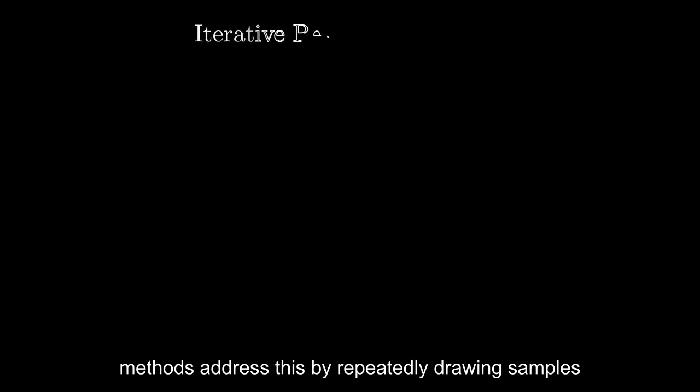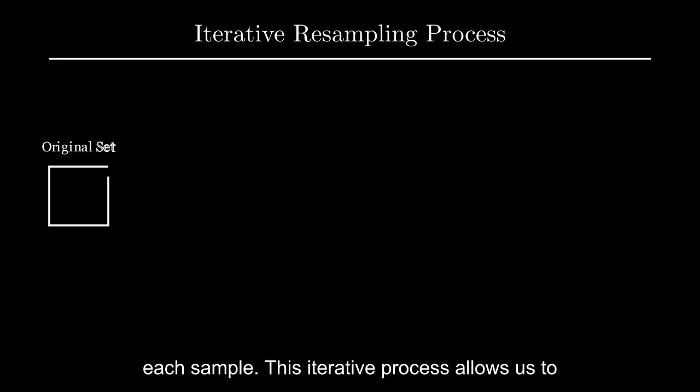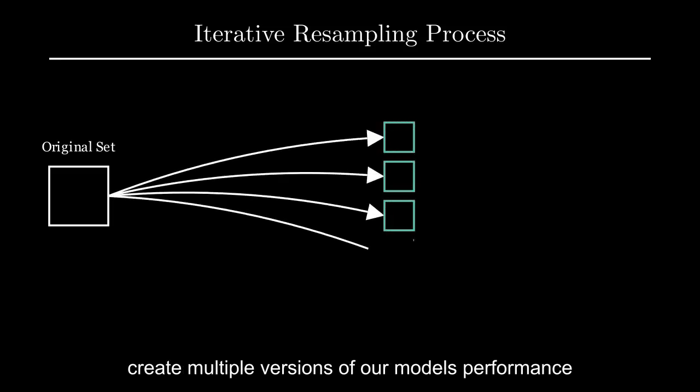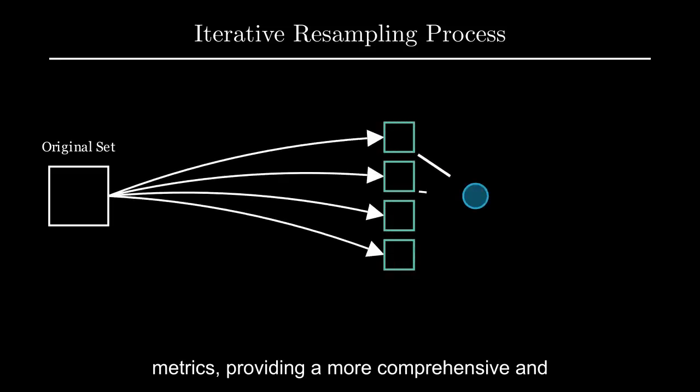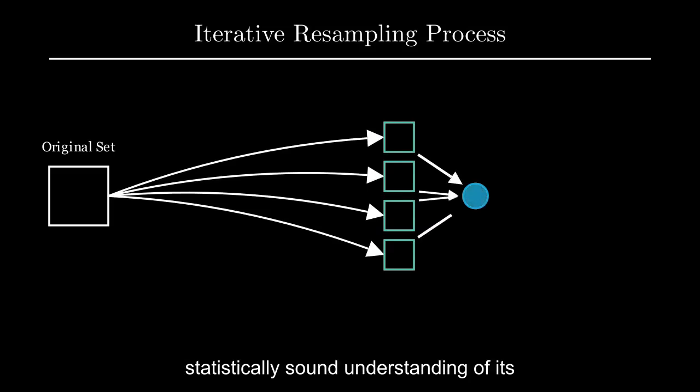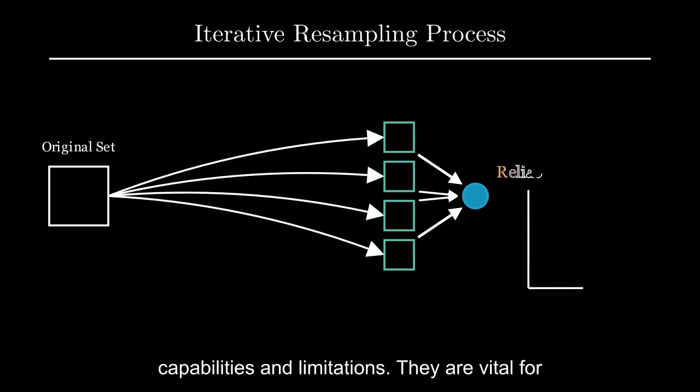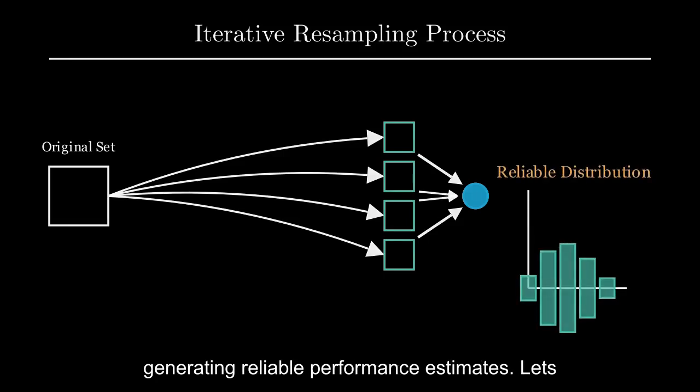Resampling methods address this by repeatedly drawing samples from a training dataset and refitting a model on each sample. This iterative process allows us to create multiple versions of our model's performance metrics, providing a more comprehensive and statistically sound understanding of its capabilities and limitations. They are vital for generating reliable performance estimates.